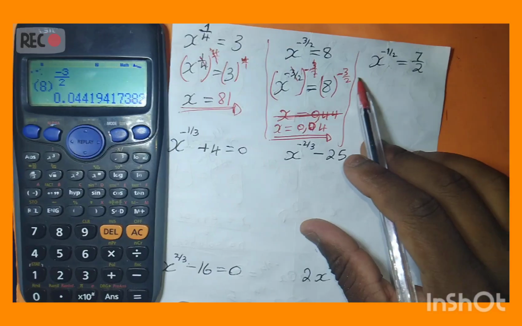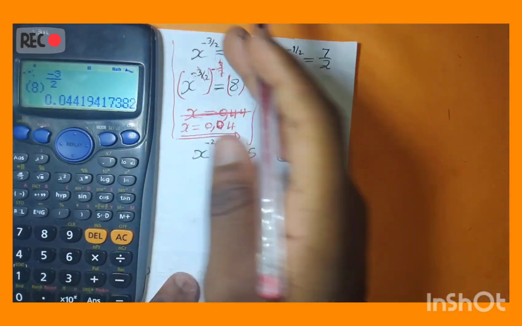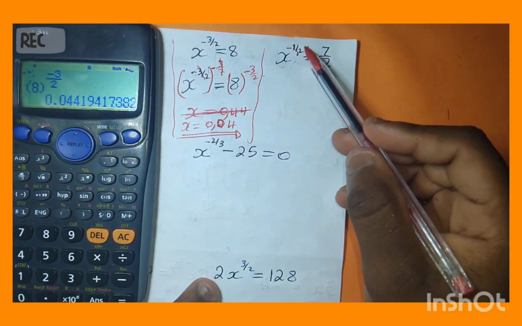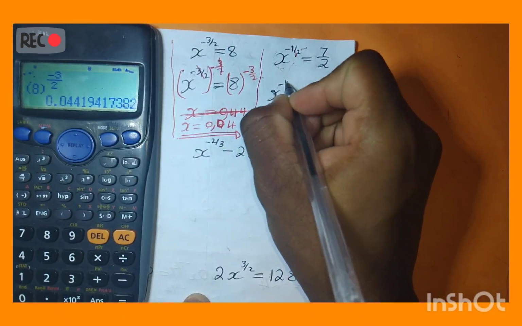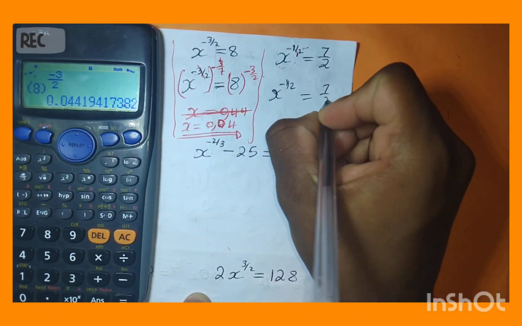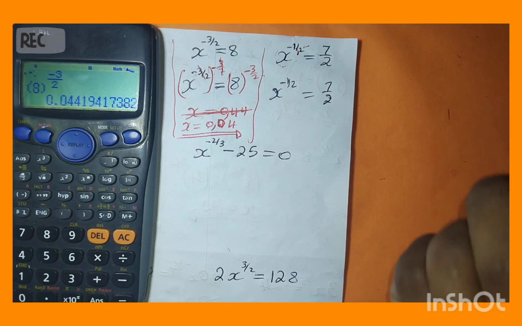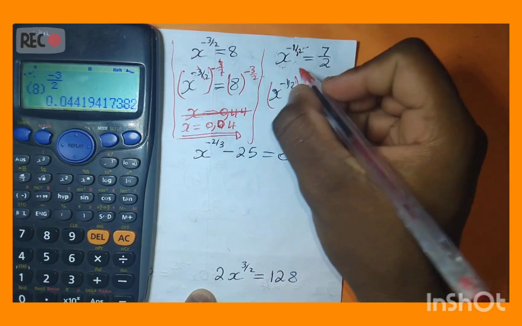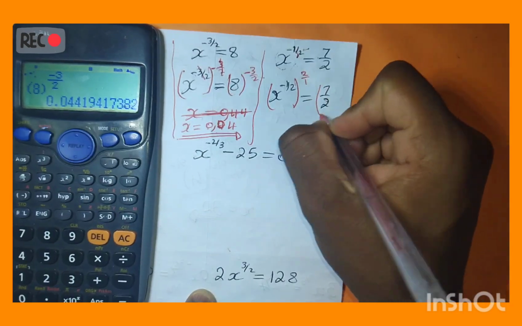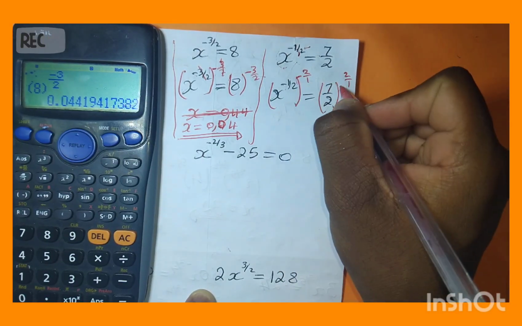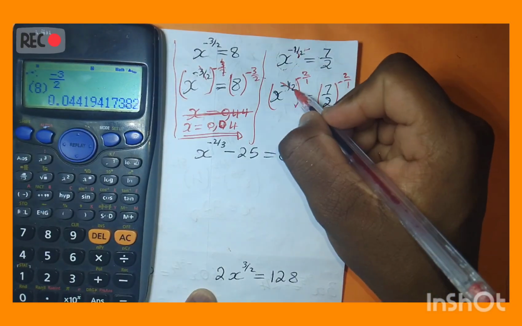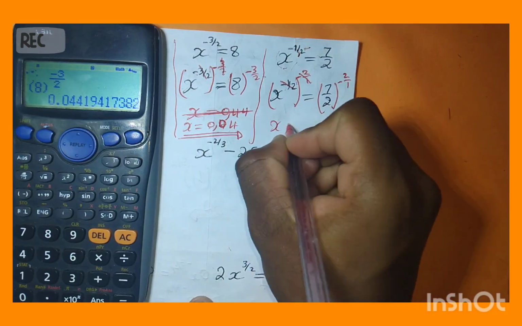Then what about this one? Even as well as this one, if you only have a base which has an exponent fraction, you just take the reciprocal of that exponent fraction on both sides. So I can just take the reciprocal of that on both sides, which is 2 over 1. But because that has a negative, I will take negative on both sides. This will get cancelled, meaning here I'll get that x.